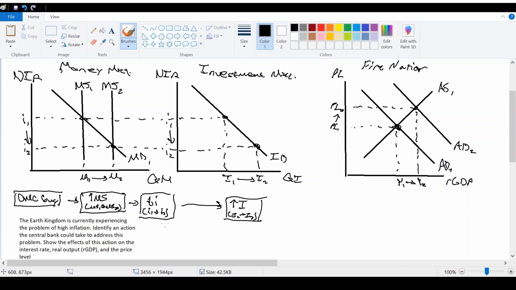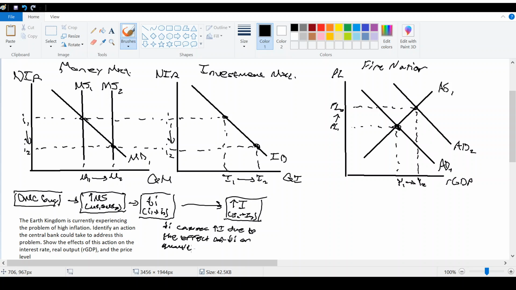So the decrease in little i causes up big I due to, what I like to say is due to the effect of down little i on quantity.